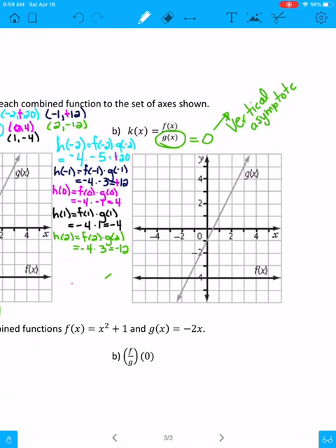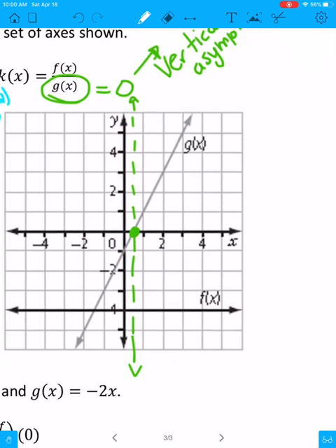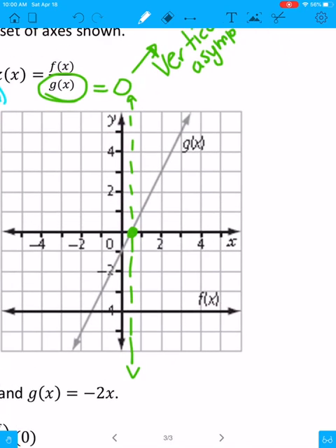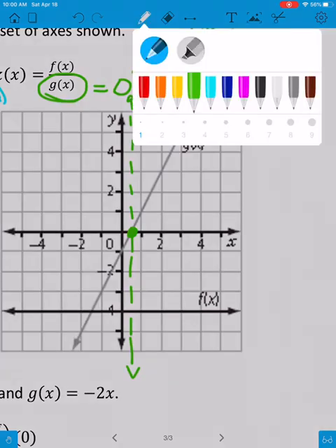So where g of x equals 0 is here, I immediately go to that first and I draw myself a vertical asymptote. Then I work around it. So I always do that very first when it's division. Wherever g of x equals 0, I draw myself a vertical asymptote, then I work around it.